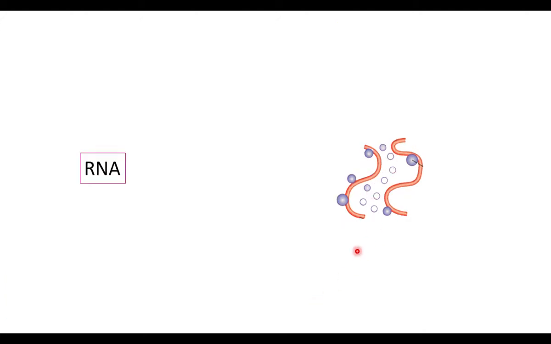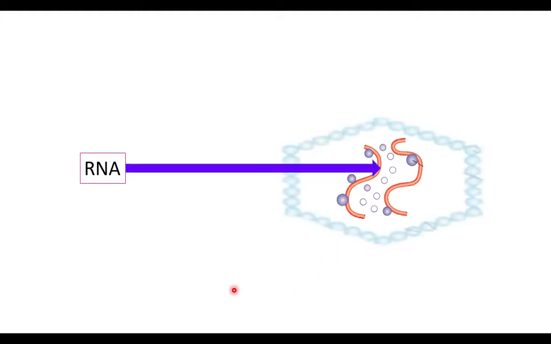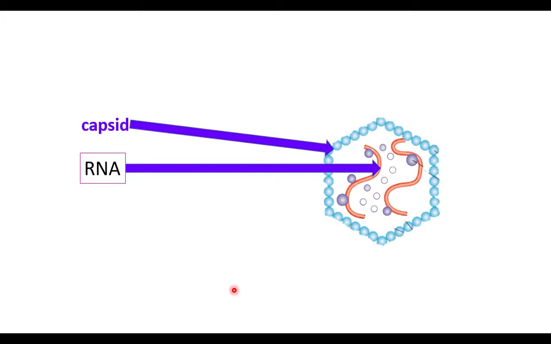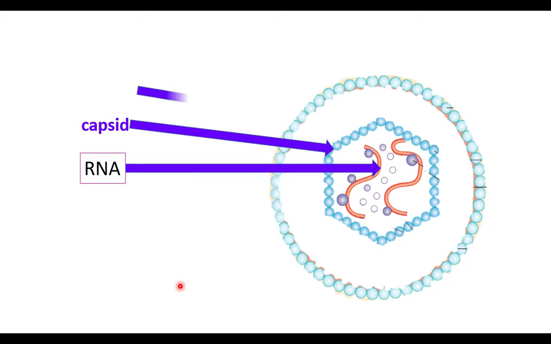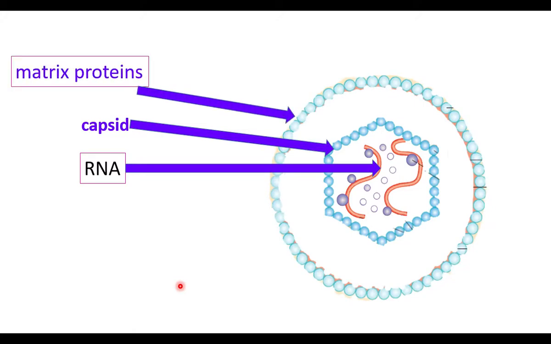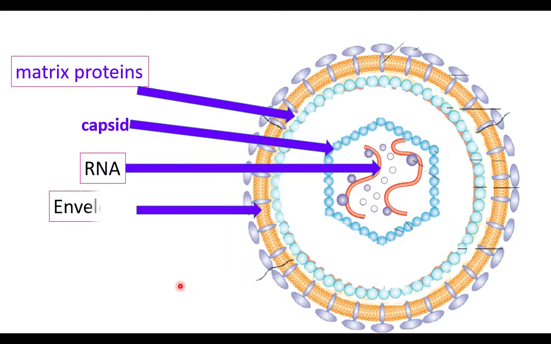The central core has RNA and the reverse transcriptase enzyme. The central core is covered by the capsid. And next to the capsid, what is present? Matrix protein is present. Finally, the envelope covers the HIV virus.